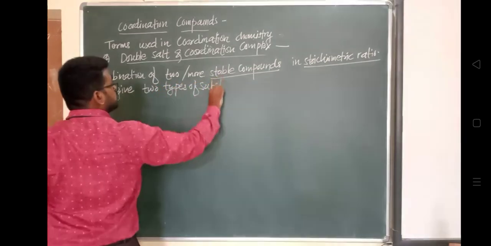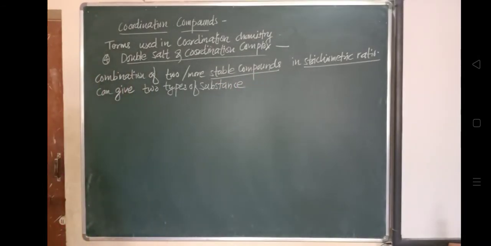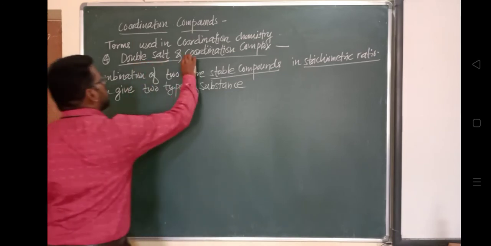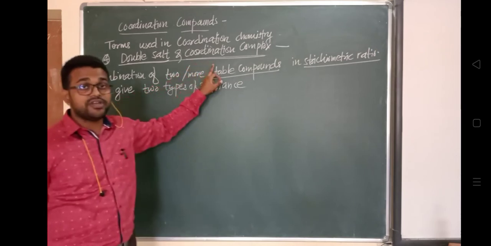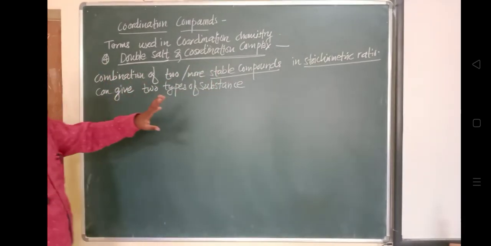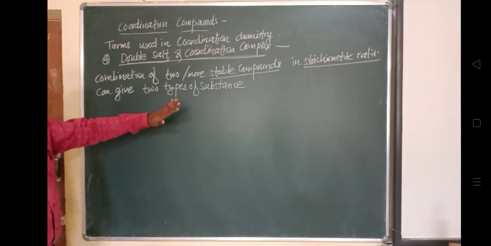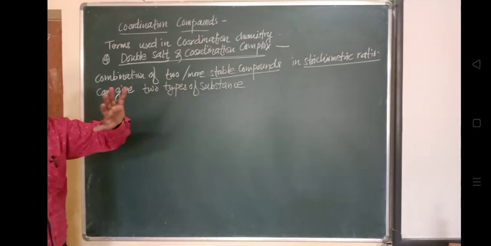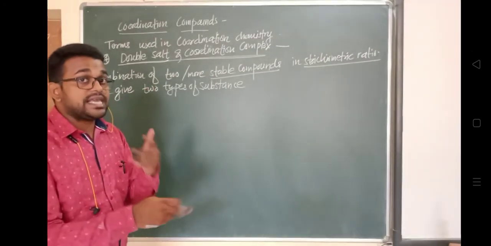Now what is this double salt and coordination compound? So what is this double salt? This double salt dissociates in water completely. It dissociates in water, and it gets dissociated completely. So this is the property of the double salt.